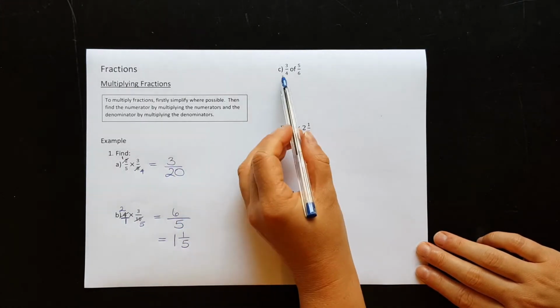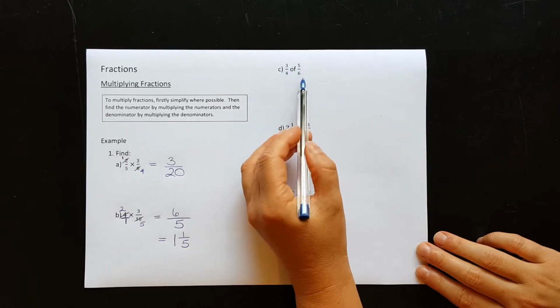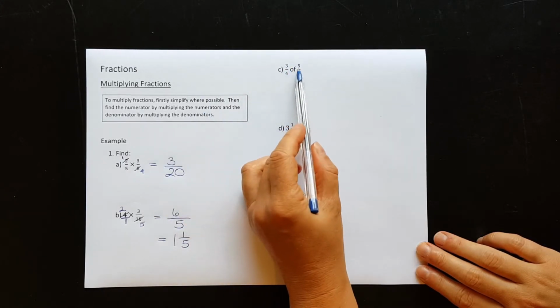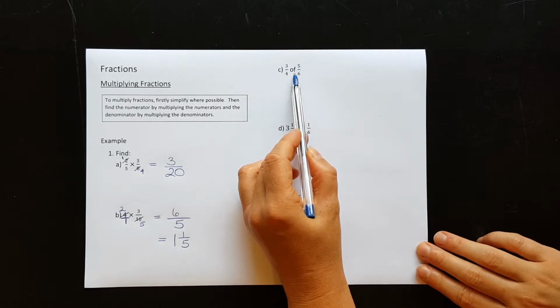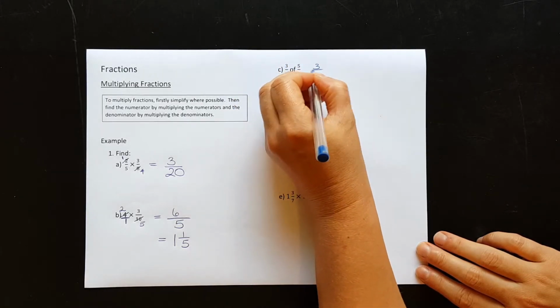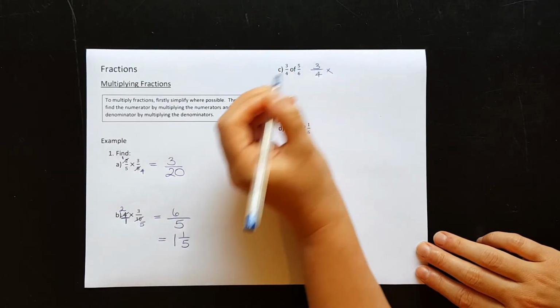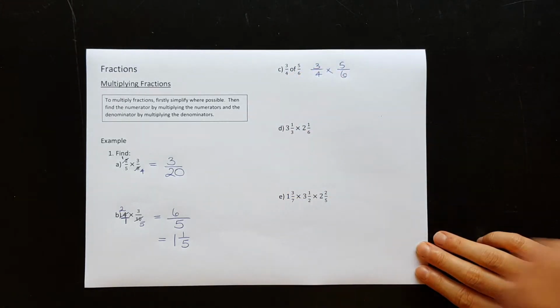Okay, for C, 3/4 of 5/6. Of is a word we often use, which actually just means multiply. So I could rewrite that to be 3/4 times 5/6. Okay, so it's really just the same as the others.